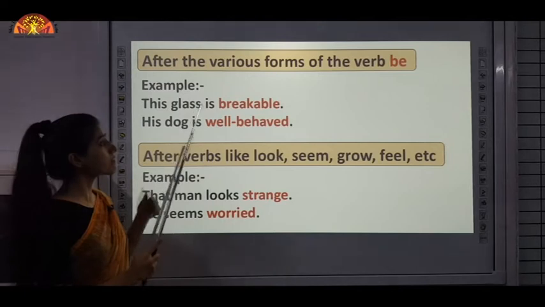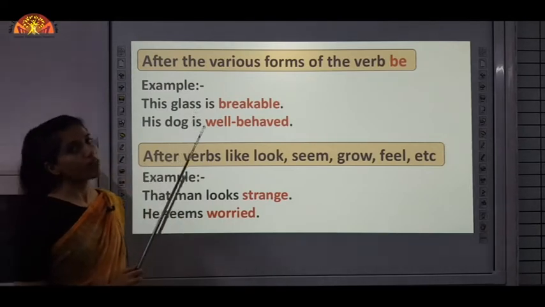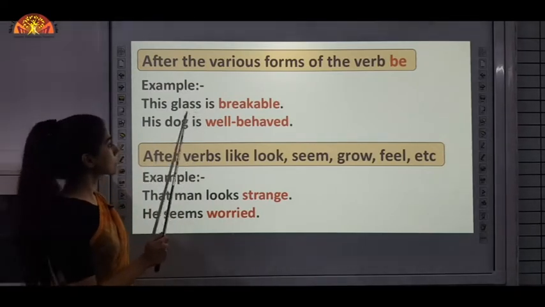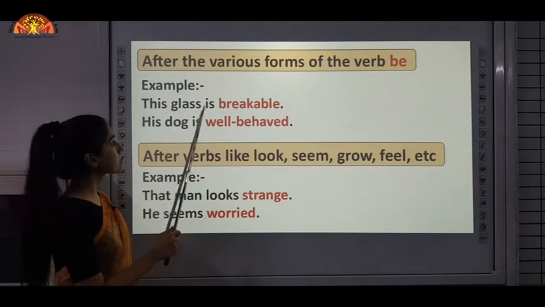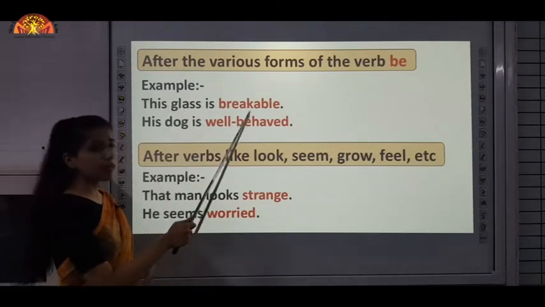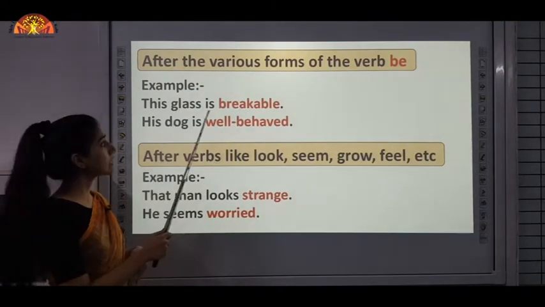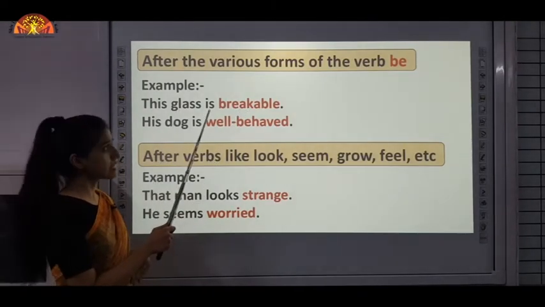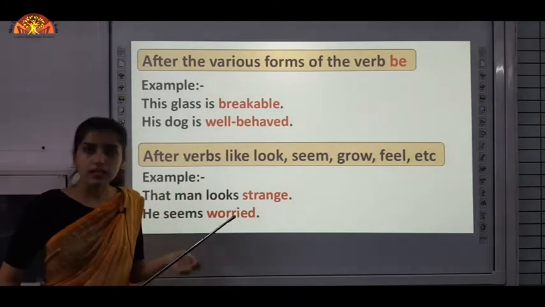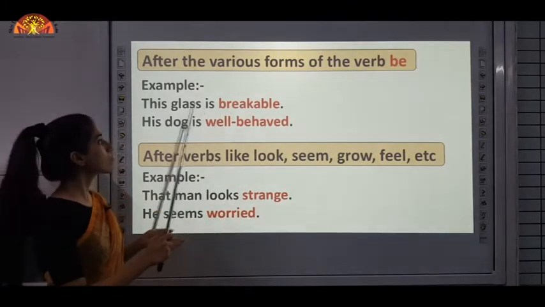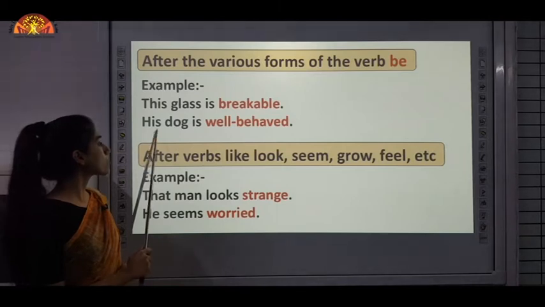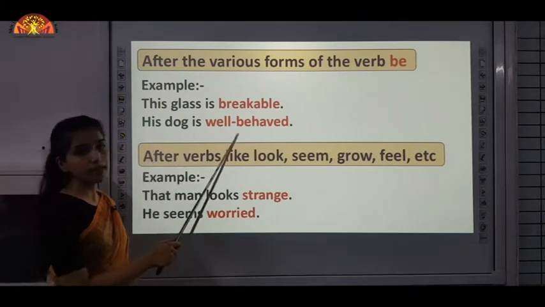So now the adjective is placed after the form of the verb be. As you can see in this example, this glass is breakable. Breakable is an adjective which is telling us about the glass, and it is coming after is, which is a form of the verb be. In the next example also, his dog is well behaved.